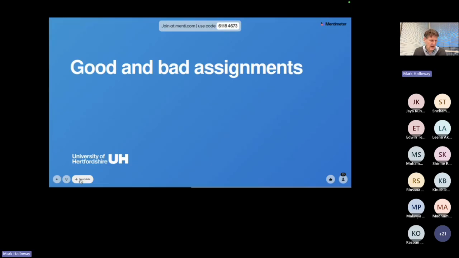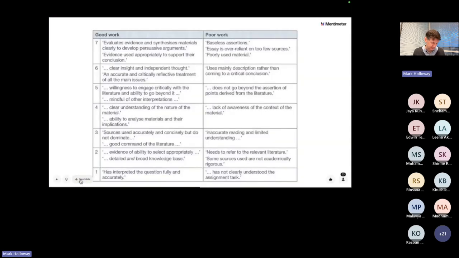I'm going to show you some examples of the kind of things that university staff write as feedback on good assignments and on bad assignments. I hope this is visible enough, but I'll read them out for you.